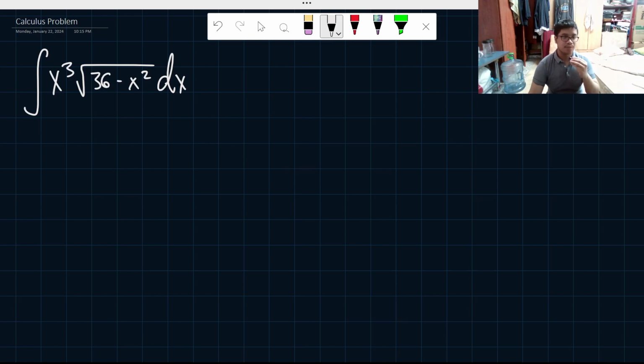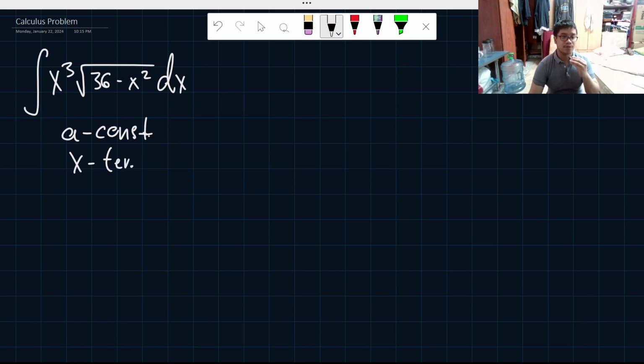If you let a be the constant, so it could be just a number, and x is basically a term, just like this.